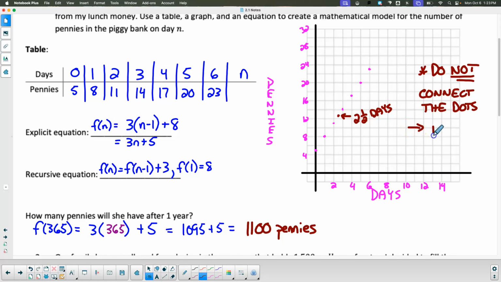This is what is called a discrete function. Meaning your input, in this case, what was the input again?